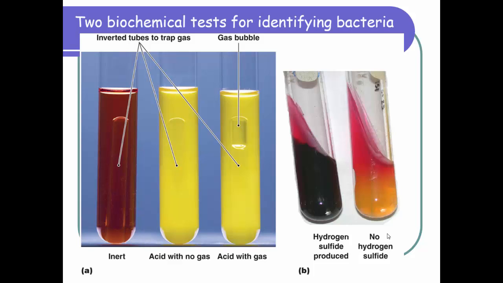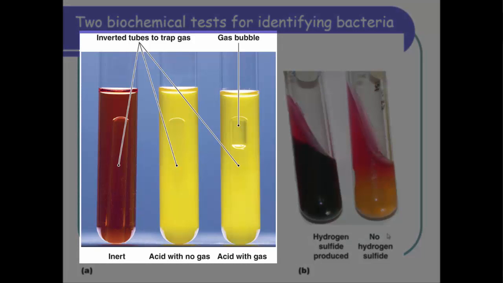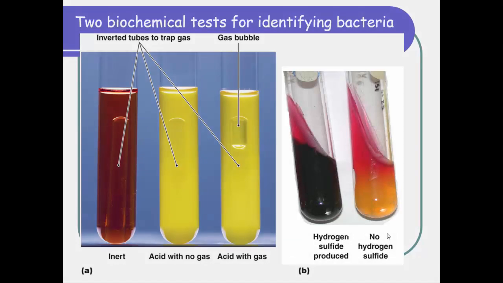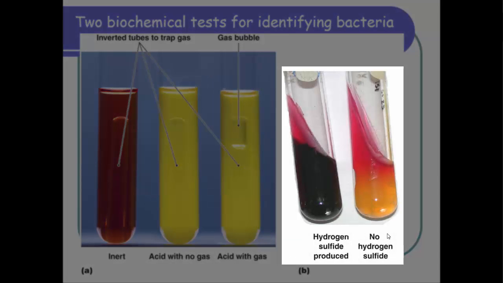Two biochemical tests that are used for identifying bacteria are shown here. In this, we are looking for fermentation of a sugar by the bacteria and whether or not it produces gas. In this photo, we are looking for whether or not the bacteria produce H2S, hydrogen sulfide, within the media.